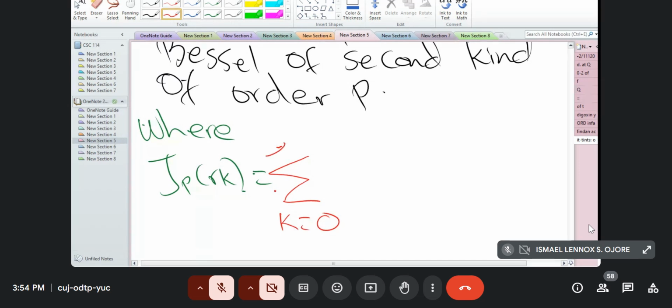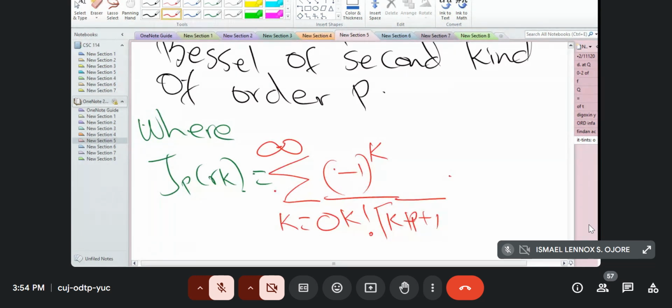Summation from k is 0 to infinity minus 1 to power k divided by k factorial, gamma of k plus p plus 1, times, we are looking at Jp of rk, so we have rk over 2 raised to 2k plus p. Did you come across something that looks like this in 3.2? Yes.